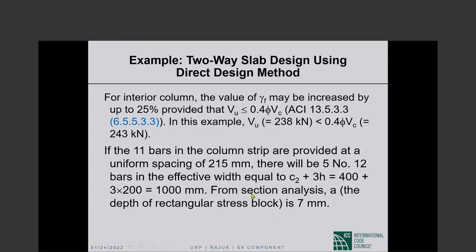We know our section is 1000 wide. It has a depth of 200 millimeters. Effective depth, if you calculate for the number 12 bar, comes to about 170. So for the moment that has to be carried, the stress block depth comes out to 7 millimeters. Okay, 7 millimeters.